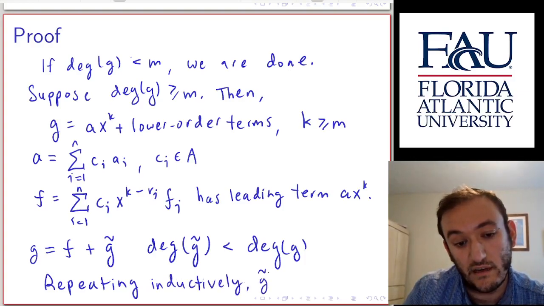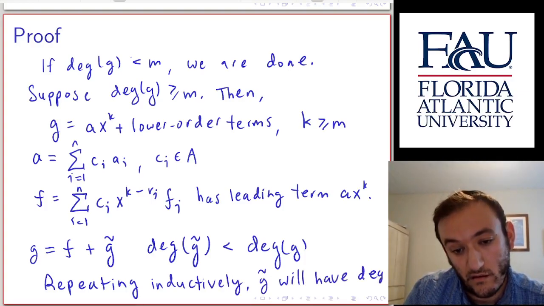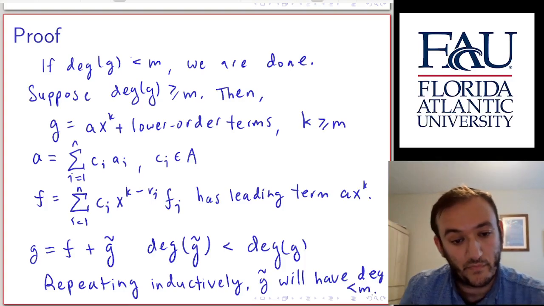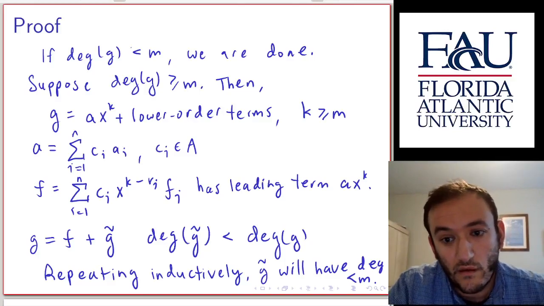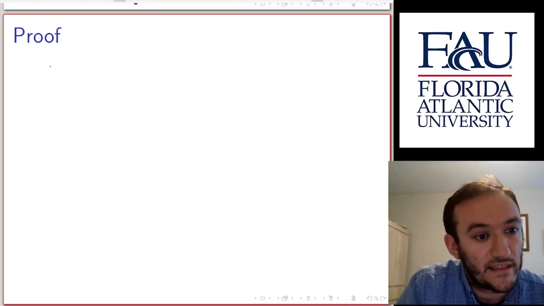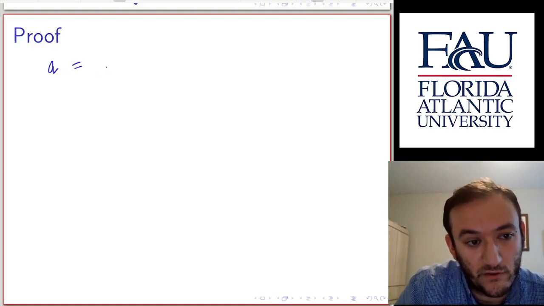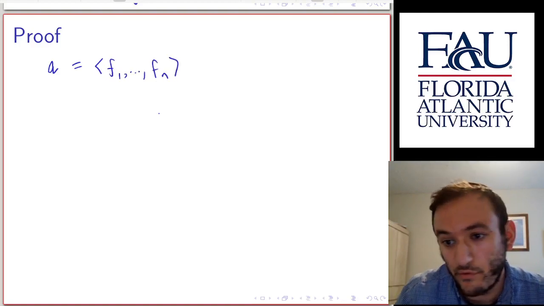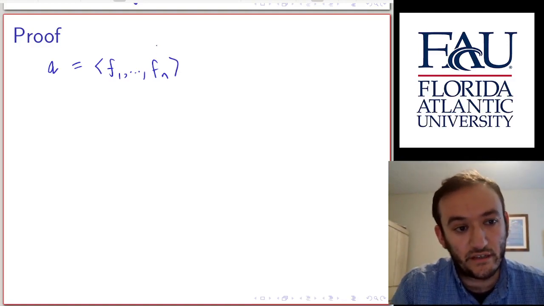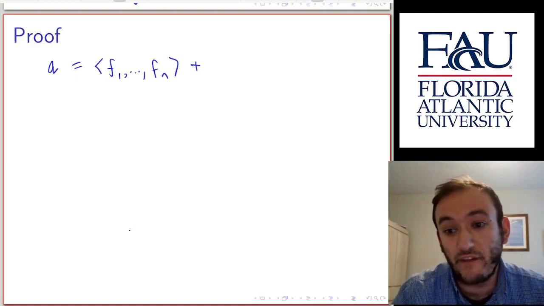So what we've proved is that the ideal A can really be thought of as the ideal generated by these f_1 through f_n, which we got from the initial ideal, combined with some finitely generated module.